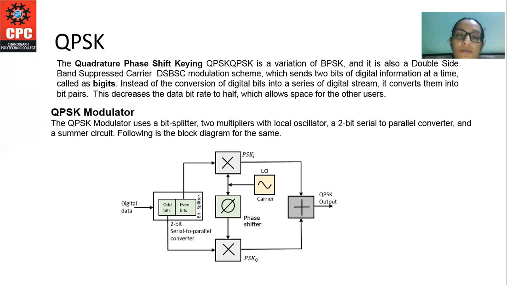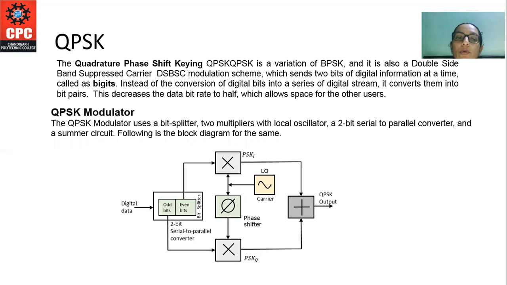QPSK is an extension of BPSK, and in binary data transmission, the transmission depends upon only one of two possible signals during each bit interval. So let us start with the generation of QPSK. Here is the modulation part.